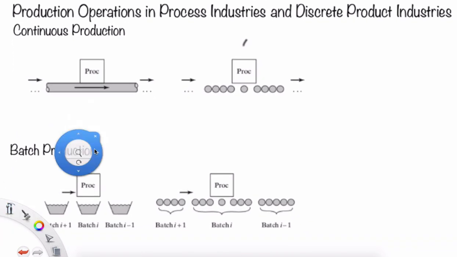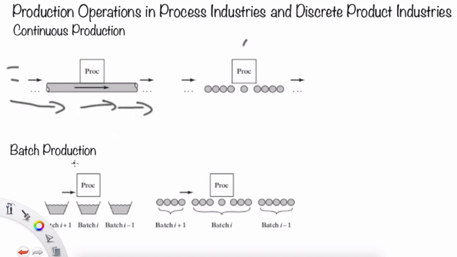What is continuous production? The meaning of continuous production is that the process is carried out in a continuous stream of material. You can see that it is a continuous stream.